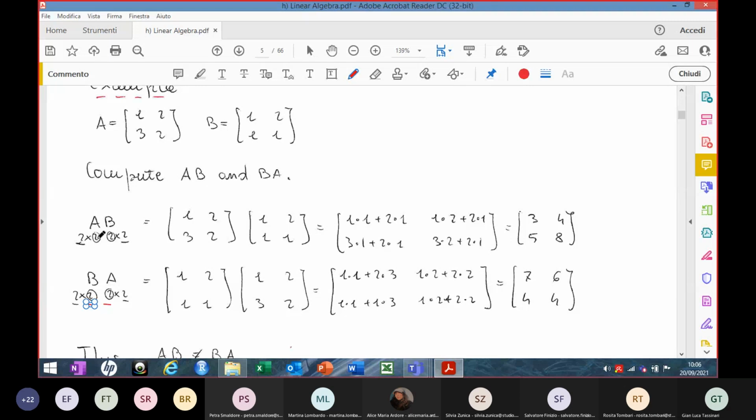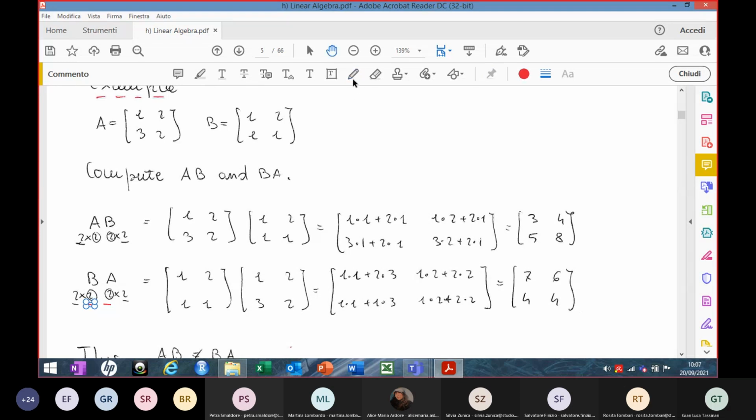Maybe now the product in this specific case works, because guys, in a lot of cases, A times B could be feasible, but B times A not feasible. In other cases, A times B can be feasible and B times A feasible too, but you may have different results.